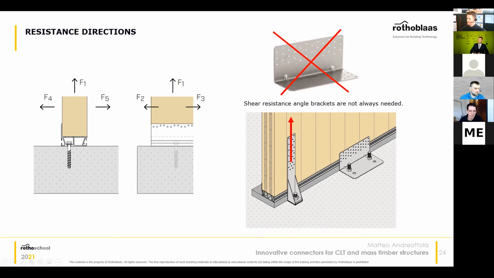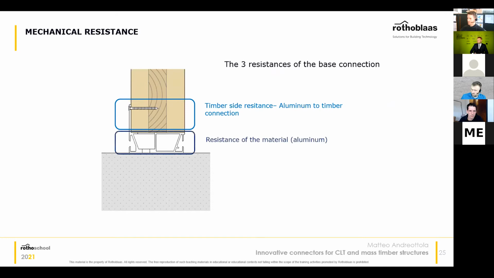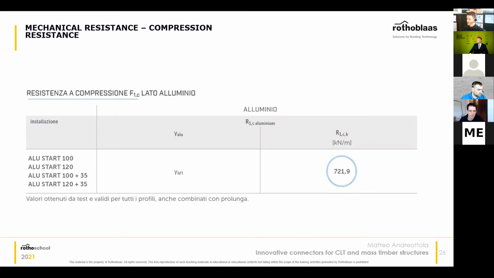You can place extra hold downs or not, depending on whether the tension resistance of the connector is enough or not. These are all the three resistances you have to calculate. They're actually pre-calculated in the Rothoblaas technical sheet. So the calculation of this is very easy.